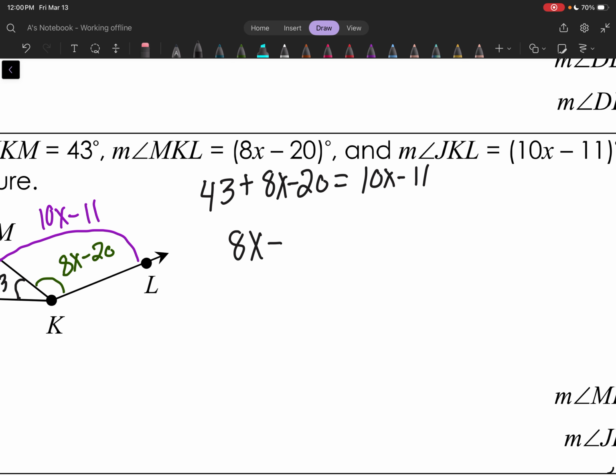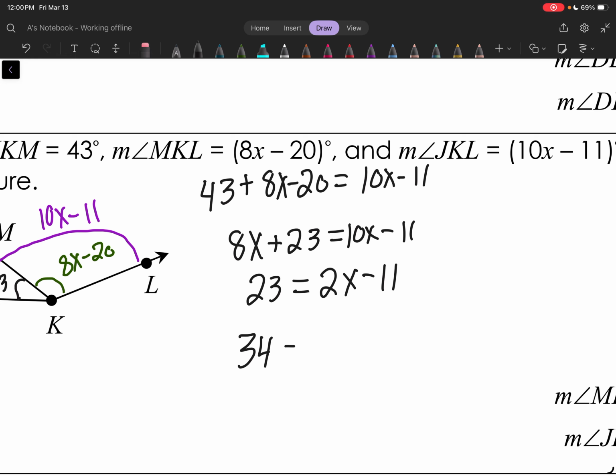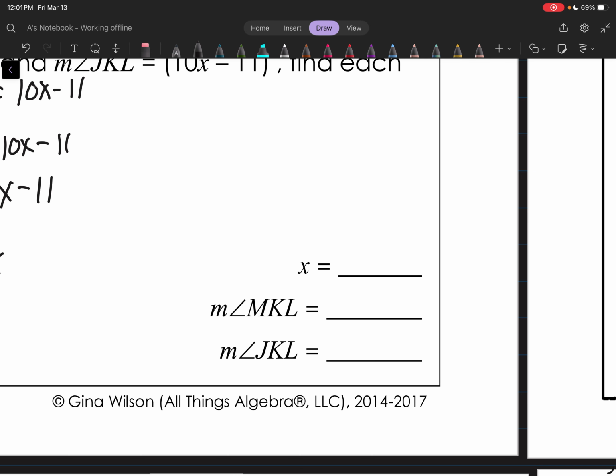Eight x plus 23 is equal to 10x minus 11. 23 is equal to 2x minus 11. 34 is equal to 2x. So x is equal to 17. Done with that part.